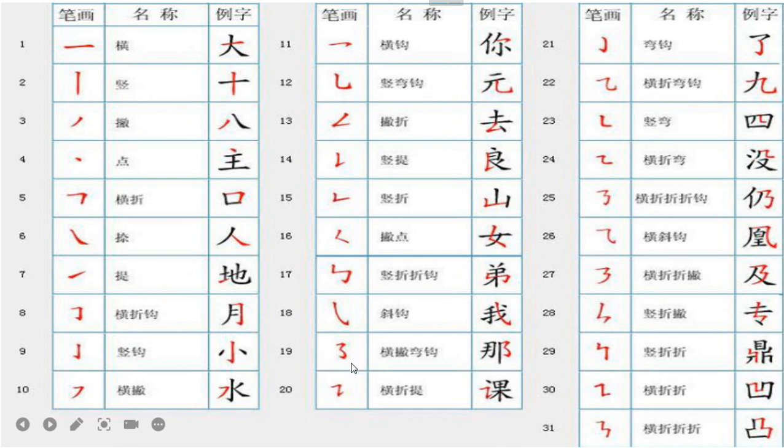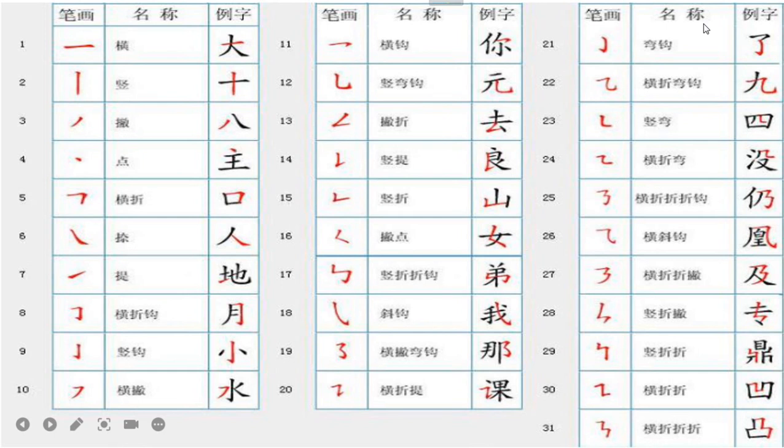This we can write as a radical. We call it 耳东旁, 那, that. 横折提, 课, class. 弯钩, 了.